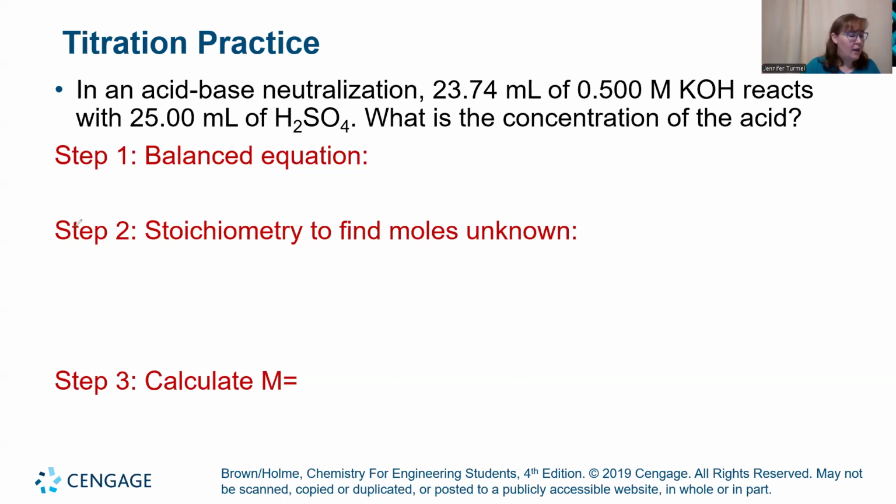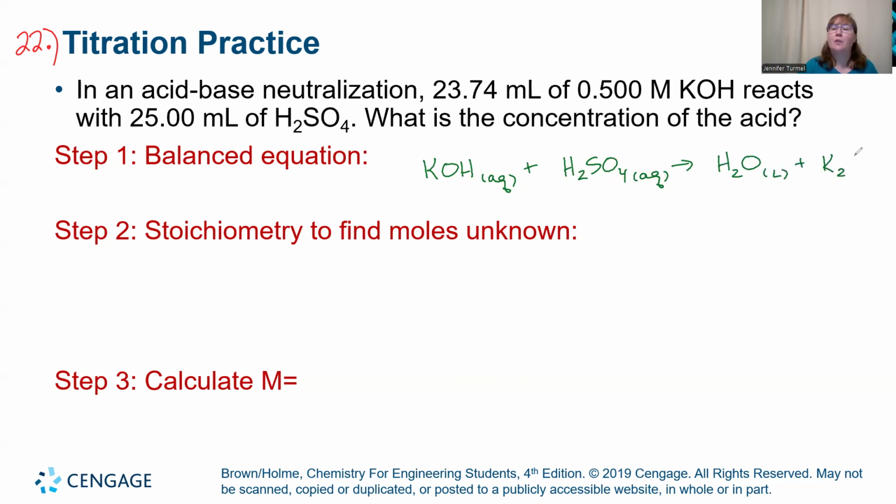And here we have slide 22. Okay. All right. Now, here we go. Again, always, we have to start with that balanced equation. And so now we see that we have potassium hydroxide, so very similar, plus our H2SO4 yields water and K2SO4.